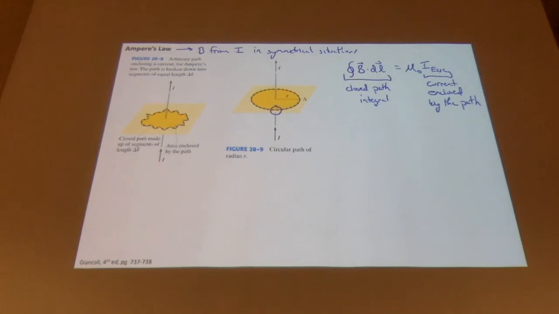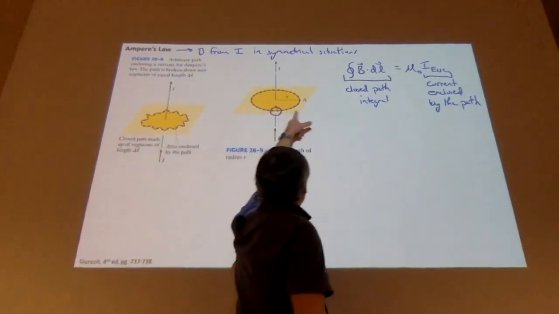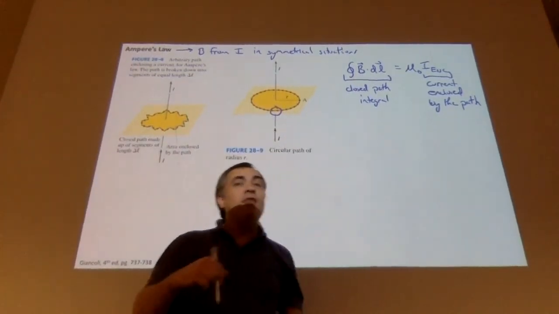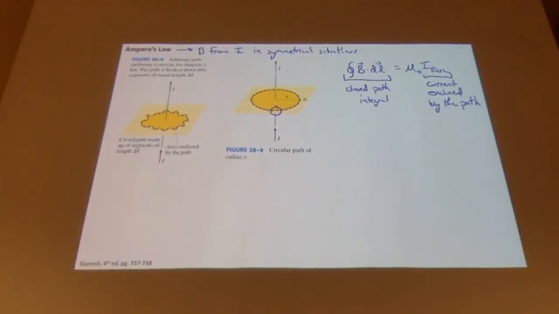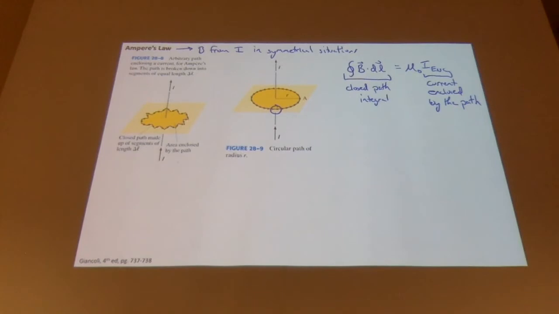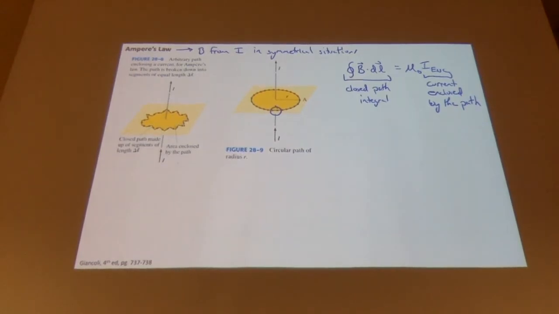We know that at a constant distance away from the wire, everywhere on that path should have the exact same value for the magnetic field. We know that from the equation from before, plus it just makes sense. As long as you're the same distance from the thing making the magnetic field, you should have the same value for the magnetic field. So let me show you how this works using Ampere's law to calculate this particular situation.